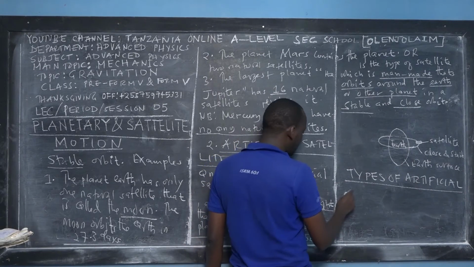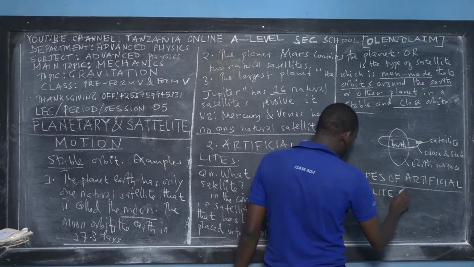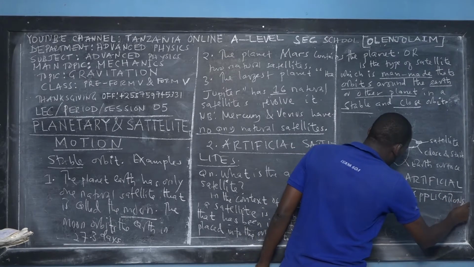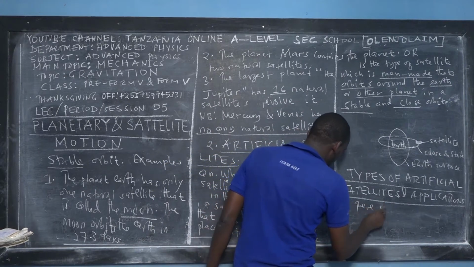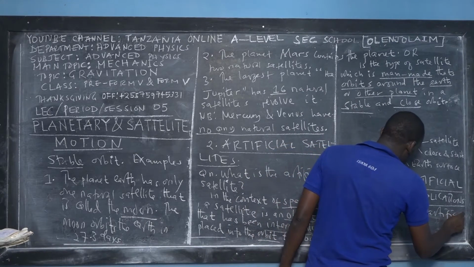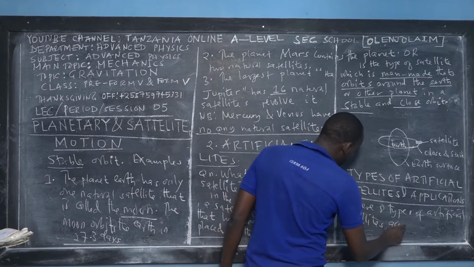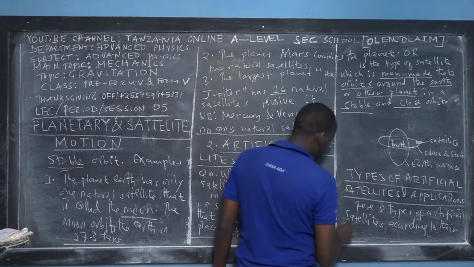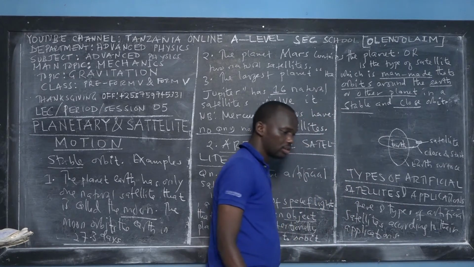These types of artificial satellites, we classify them according to their applications. How many types of artificial satellites are there? 8, according to their applications.